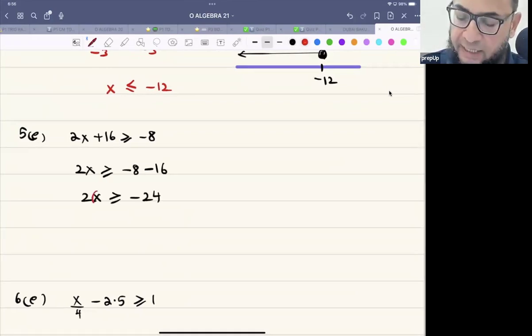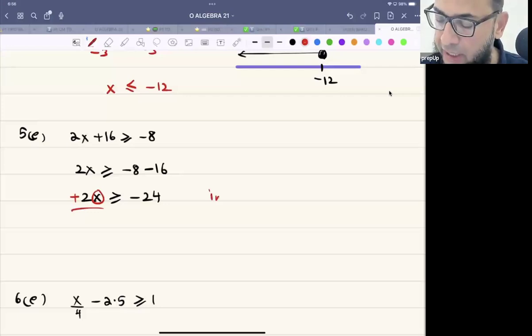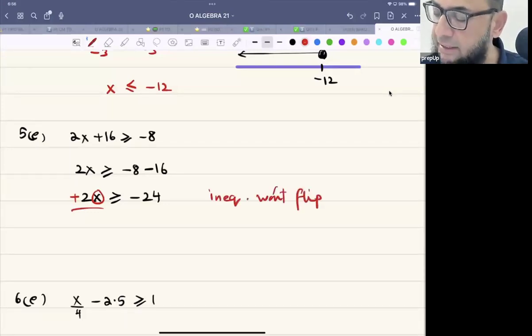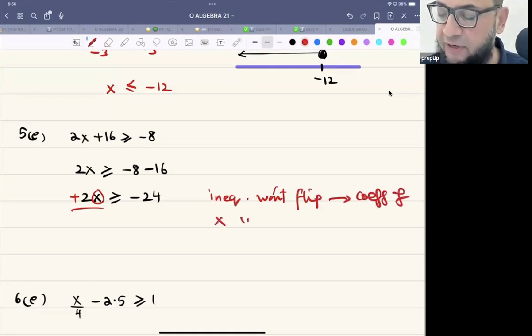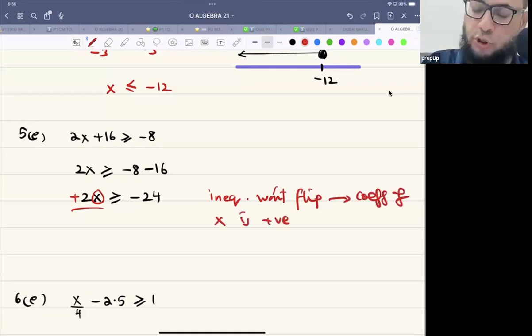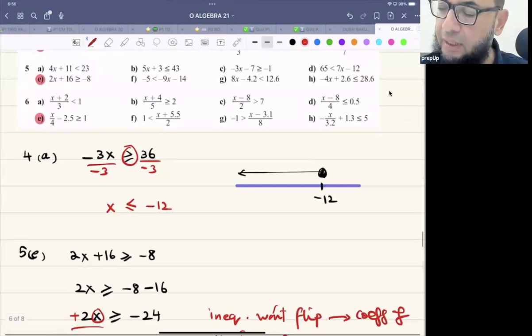The coefficient of x is positive, so the inequality won't flip. Why? Since the coefficient of x is positive, it doesn't make a difference what's on the other side. The decision making is based upon the coefficient of x. If it's negative, the inequality would flip.